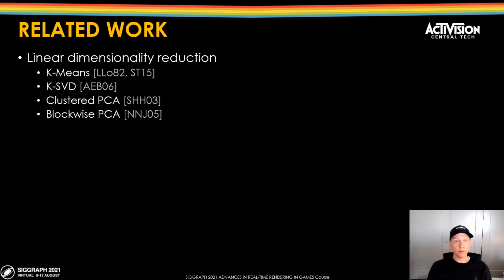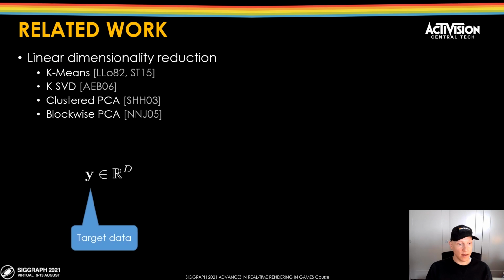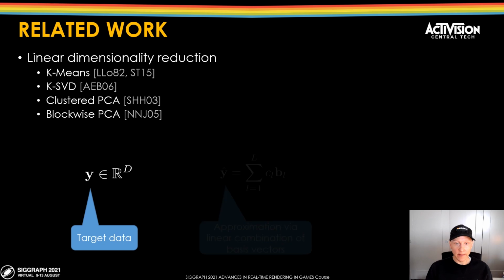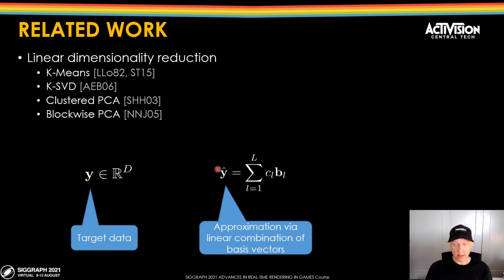I wanted to start with some related work, and linear dimensionality reduction in particular, where the setting is that we have some high dimensional target data where D can be from, say, 30 to 400. And then what we want is a simple representation in terms of some basis functions.